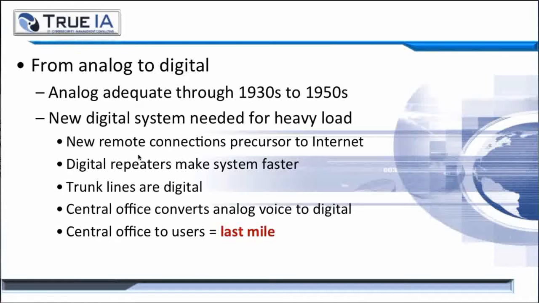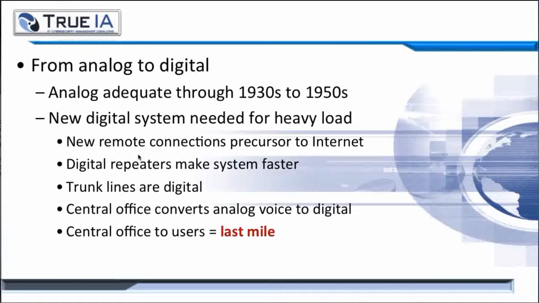However, once the society became more mobile, there was a need for better communication. This is where digital came in. A new digital system was needed for such a heavy load on the telephone lines. All these new remote connections were actually the precursor to the internet.